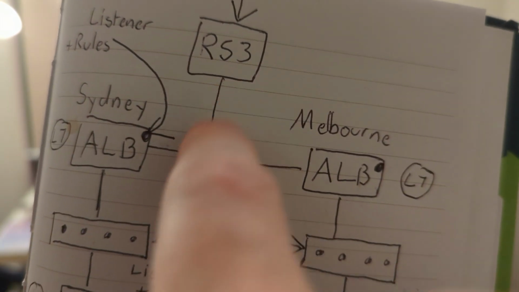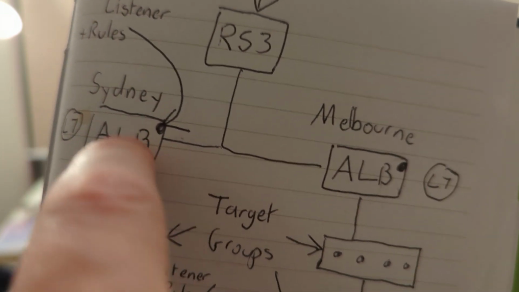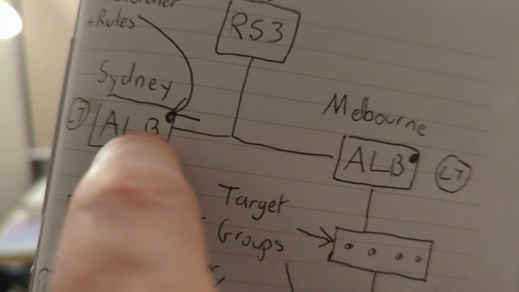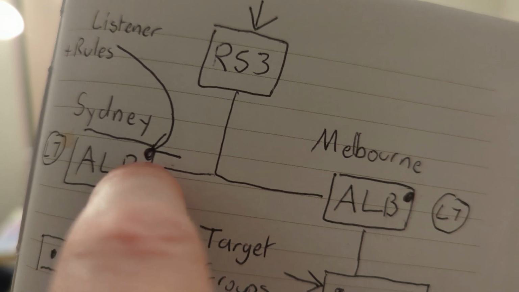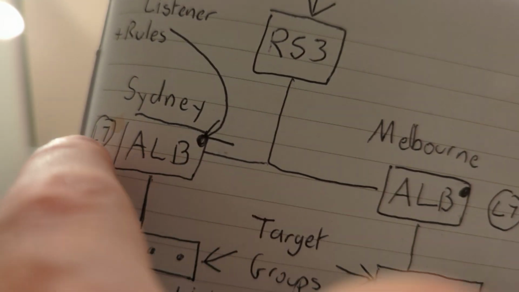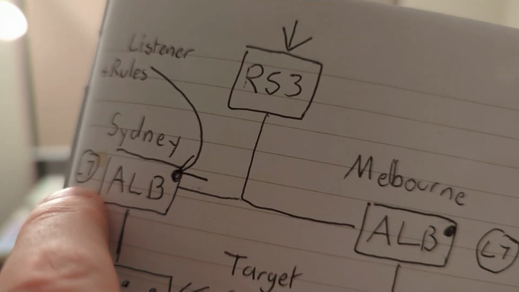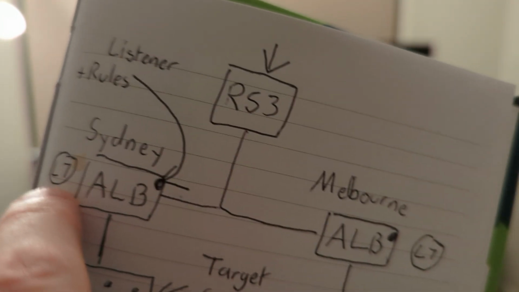Once traffic is directed to a region, it is intercepted by an Application Load Balancer in this example. The Application Load Balancer has a listener installed. That listener works at layer 7 of the network stack, listening to HTTP and HTTPS traffic.